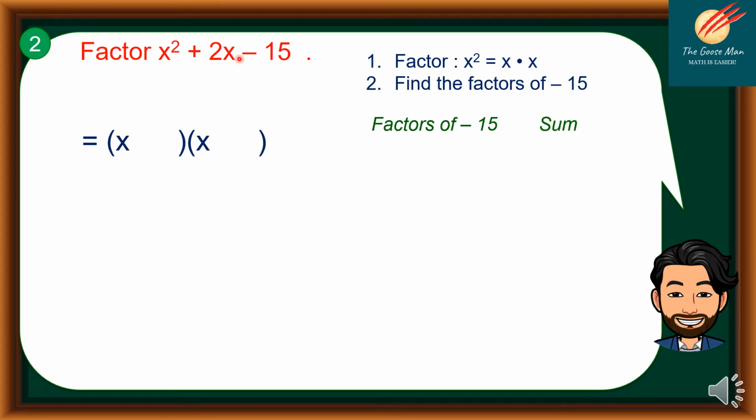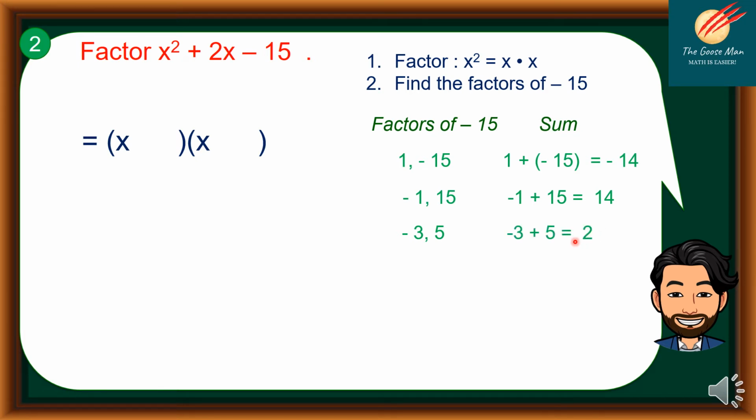Say for instance, if I have 1 plus negative 15, we have the sum of negative 14. Next, negative 1 and 15, the sum is equal to positive 14. These two pairs are the factors that we are not looking for. We want a sum of 2. Next one, if I have negative 3 and 5, negative 3 plus 5 will give us 2.